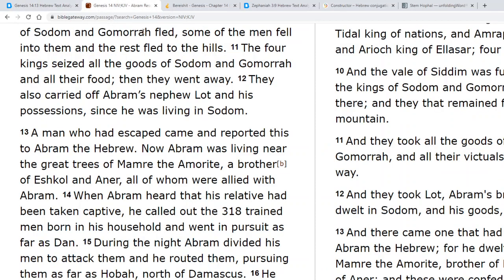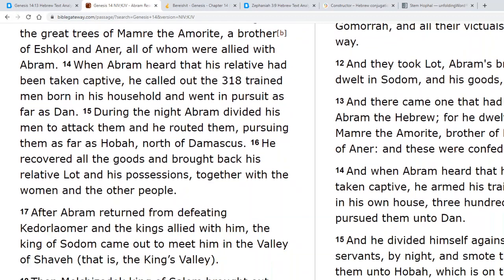Let's see how this is getting translated. Verse 13, King James: and there came one that had escaped, right? Hapalit is one that had escaped, and told Abram the Hebrew, for he dwelt in the plain of Mamre, the Amorite.